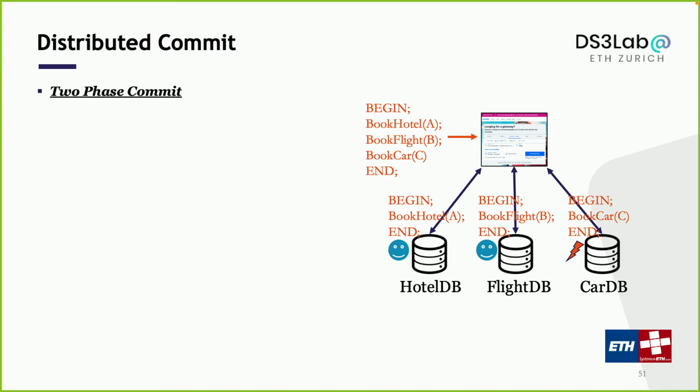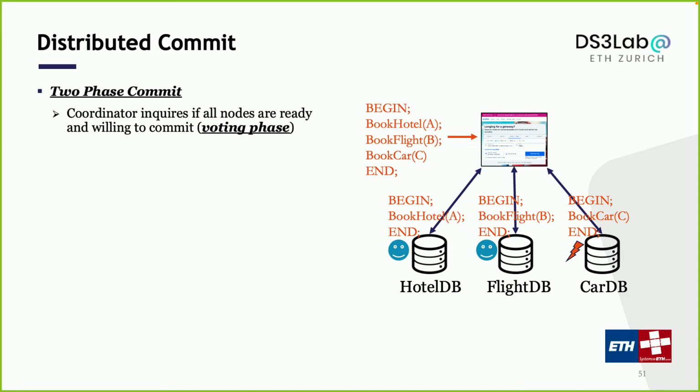You can have something called two-phase commit, which we are going to talk about next week in detail. The high level is like this. You have a coordinator, which is the portal side, that knows the global transaction. It asks everyone to vote. For each of these sites, do you vote for me to commit this global transaction or vote for me to abort it?